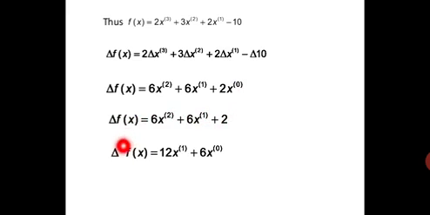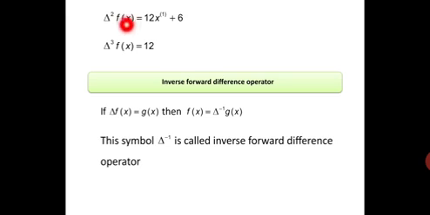Now the second forward difference, again just like differentiation: 6 into 2 is 12, x factorial 1, and 1 into 6 is 6, x factorial 0. So this is the second difference equation.